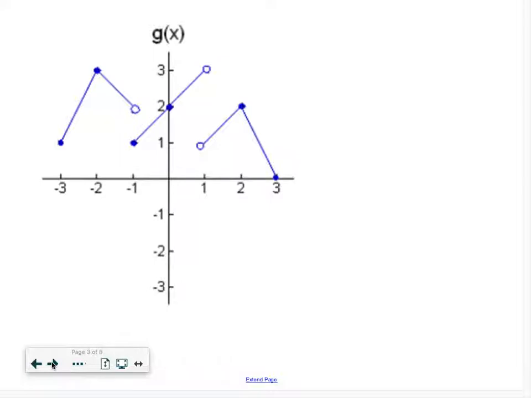So, when people do, all right, so let me get my notes. I want to look at the limit as x approaches 1.